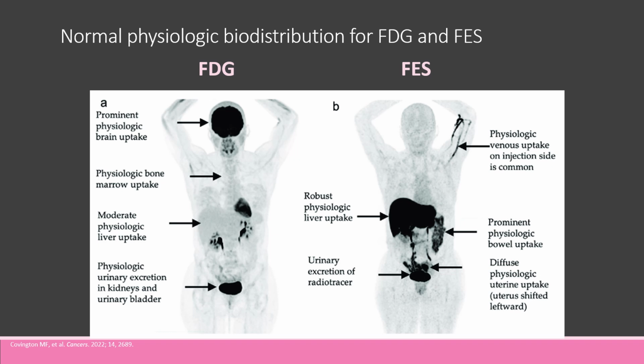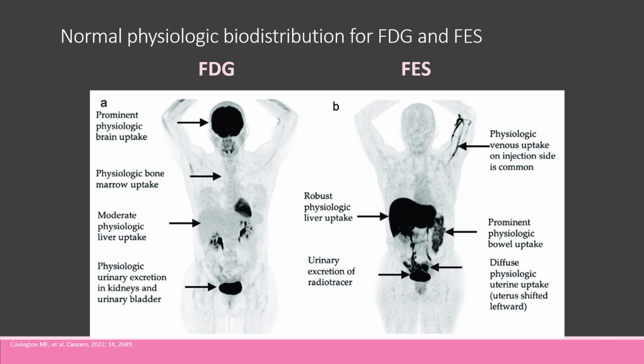If you think about it physiologically, normally the liver is the organ in our bodies that processes hormones and clears them out of the bloodstream. So it would make sense that the liver is hot on FES studies. And you can also see that there's prominent bowel activity. So that is a limitation of FES imaging that makes FDG imaging valuable. You do see some faint bone marrow uptake with FDG that is not seen on FES.